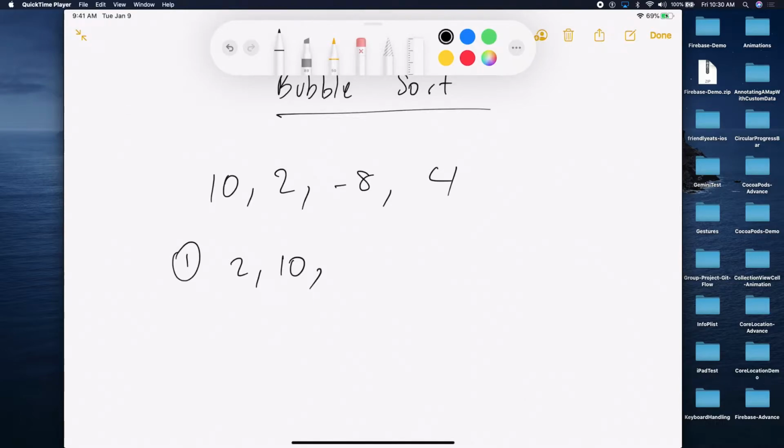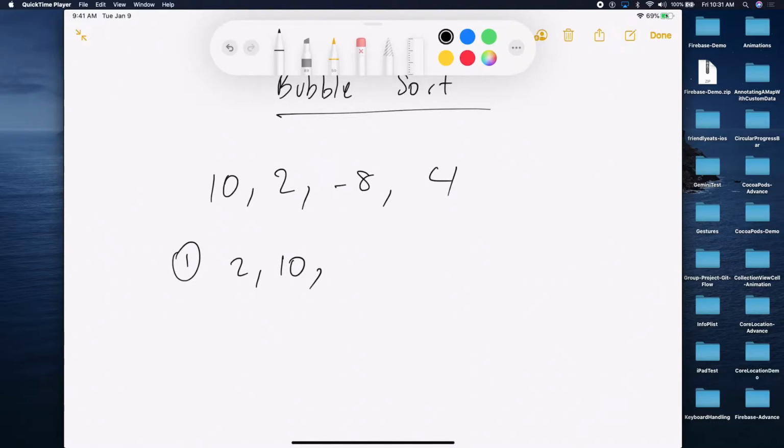Say that again? It doesn't go to the next one right away? Well, it swaps 2 values at a time. I think he's saying, doesn't it go to like 10 and negative 8? Yeah, 10 and negative 8. But it's not going to swap negative 8 and 10 right now.